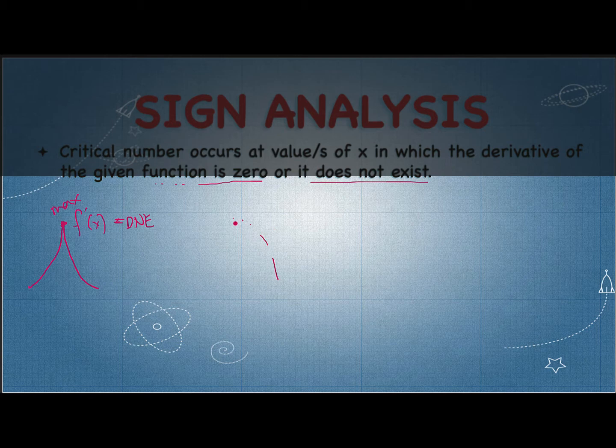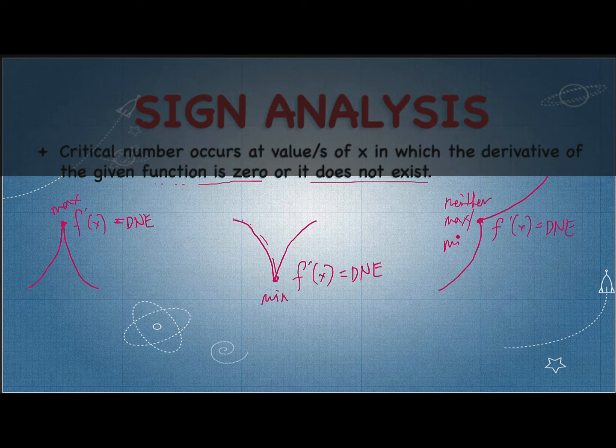Another example, if we have a function like this, we have here a minimum, but the derivative at this point also does not exist. While if we have this kind of function here, let's say we have here a point and the derivative at this point also does not exist. But notice that this one here is not a maximum, so this is neither maximum nor minimum.